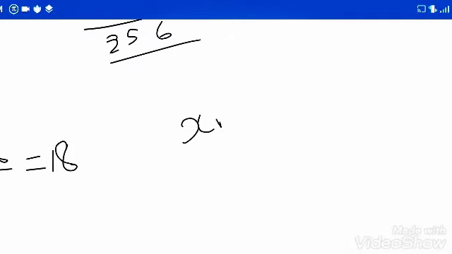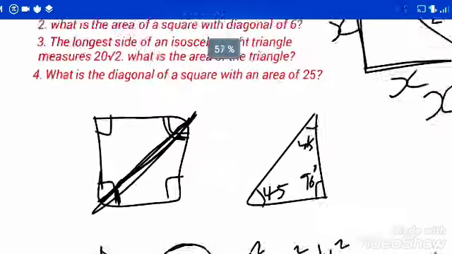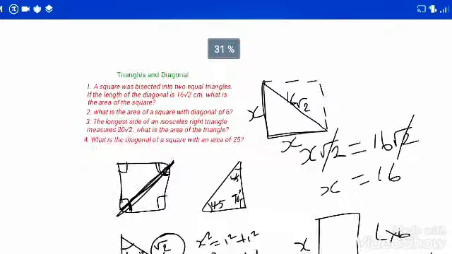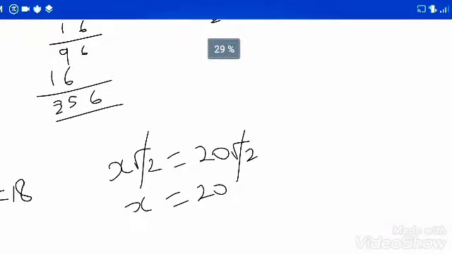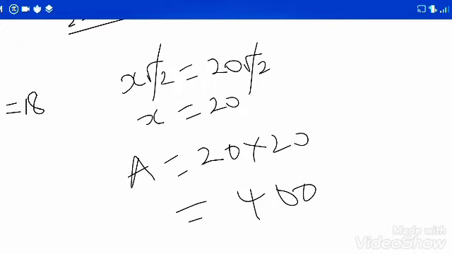Root 2 will cancel root 2. x is equal to 20. From here the question says what is the area. Now if x is 20, then the area is going to be 20 times 20, and that will give 400.